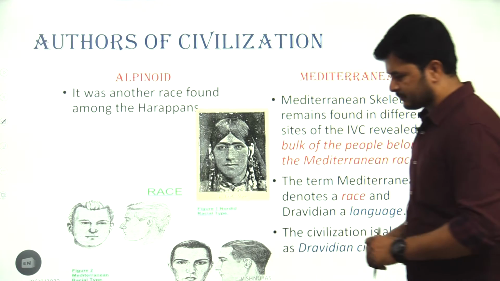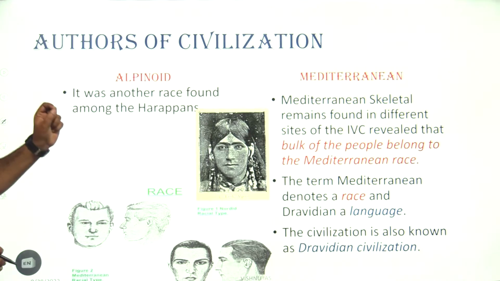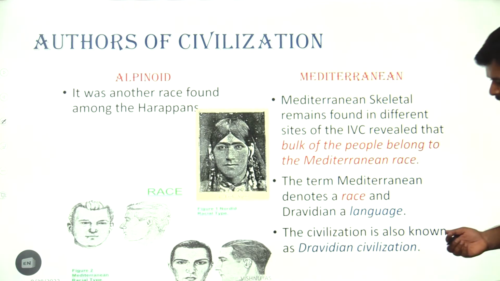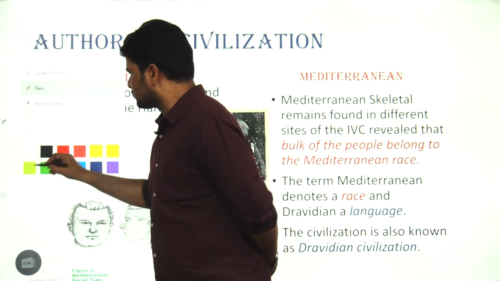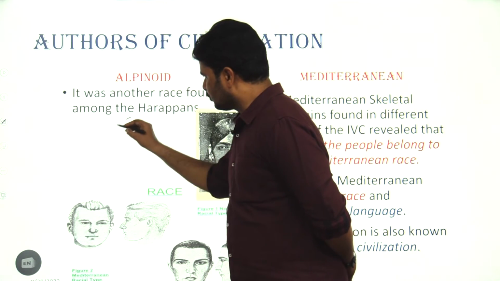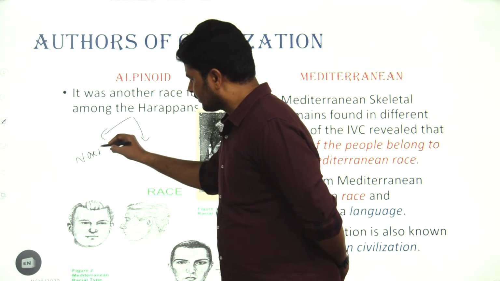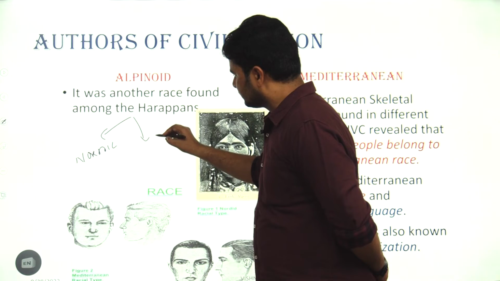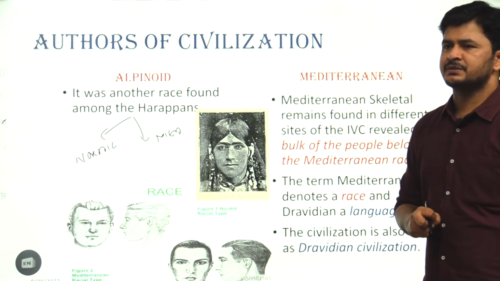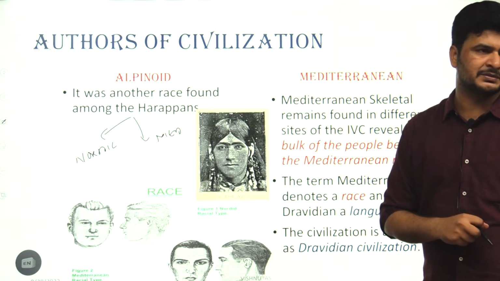And finally, Mediterranean. In fact, the maximum number of scholars opine that Indus Valley civilization was dominated by the Mediterranean race. We have two terms which we are supposed to understand to get command over subsequent classes. We are going to use frequently two terms, Nordic followed by Mediterranean. I'm talking about two predominant races, and no doubt, once again a hypothesis, but a widely accepted one.